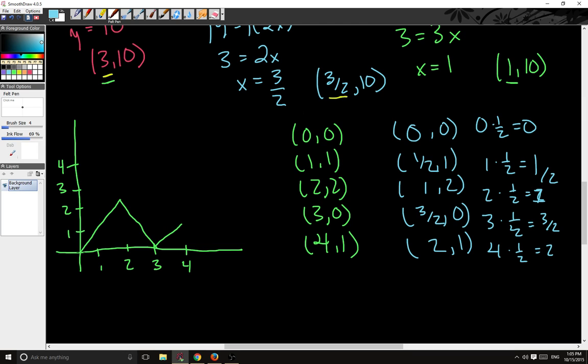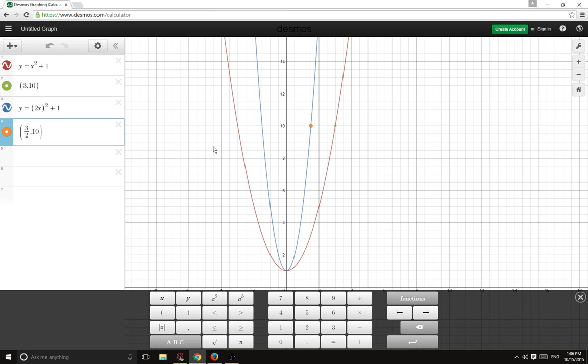So plotting these points, we have our (0, 0), we have our (1/2, 1), our (1, 2), (3/2, 0), and our (2, 1). We see that our graph is basically the same shape, it's just squished in, and it matches what we saw in these graphs here, where the larger the number we horizontally dilated by, the thinner it got.